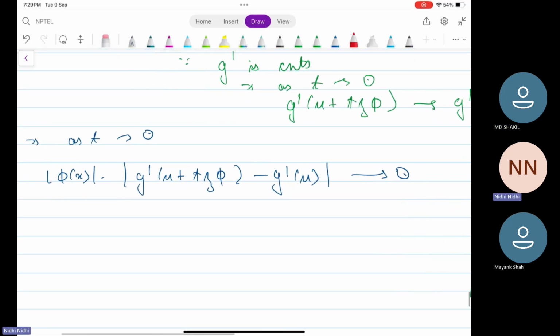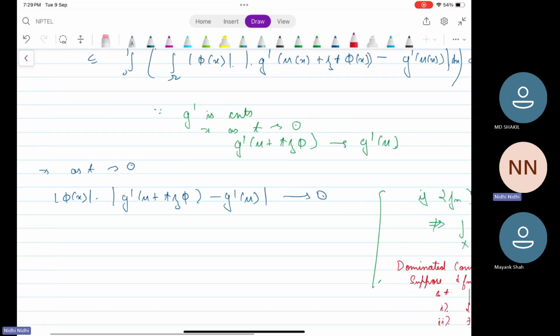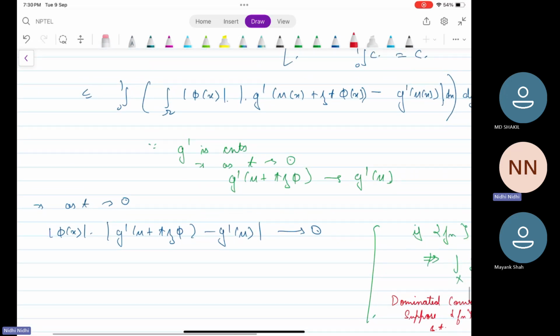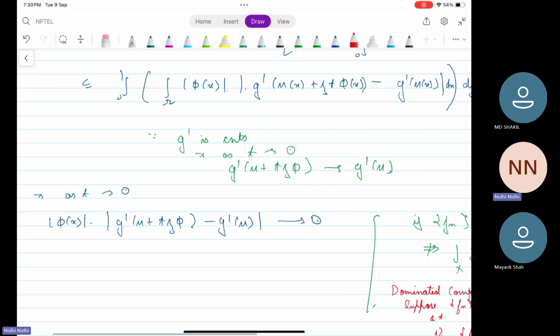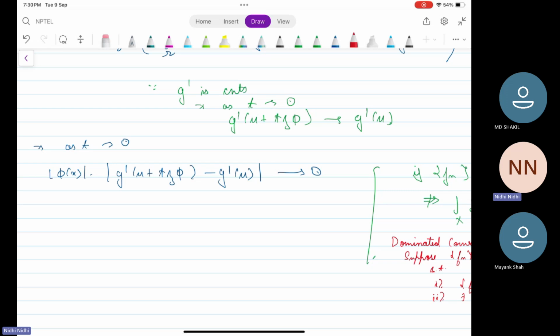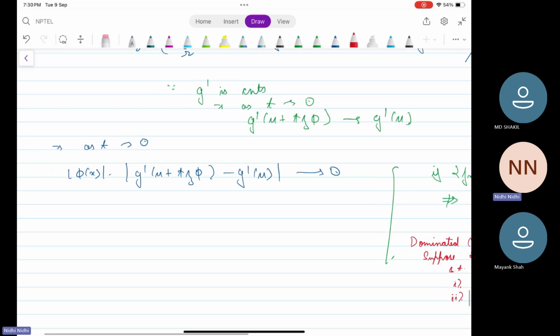Here also we'll be using something like that, because we are eventually taking t tending to 0 inside. So this is the pointwise convergence: as t goes to 0, this is converging to 0 pointwise. Next, we need to find some dominating function.